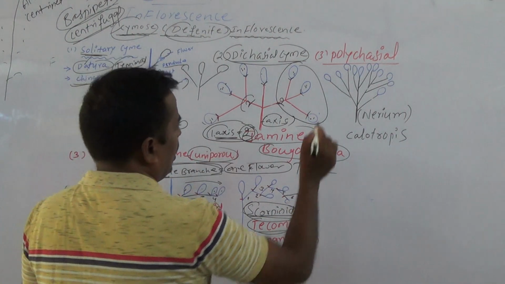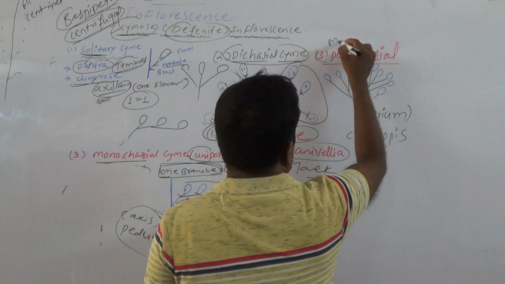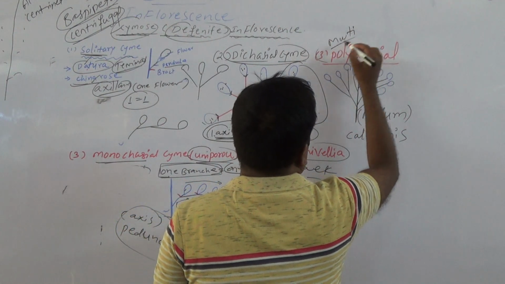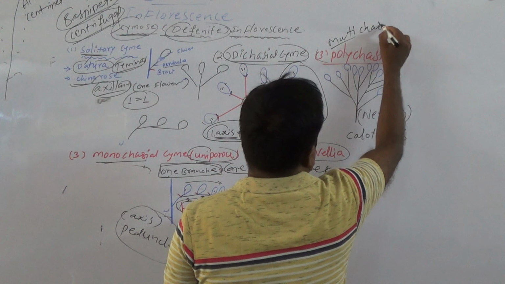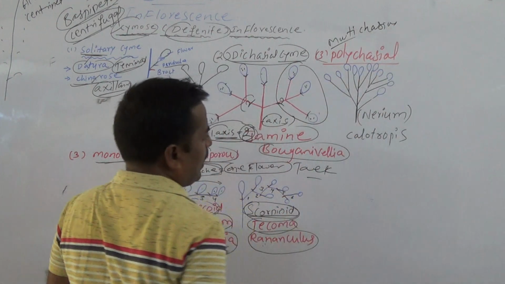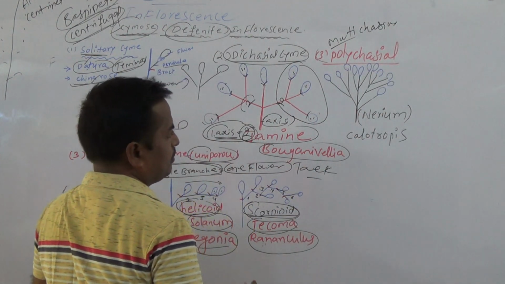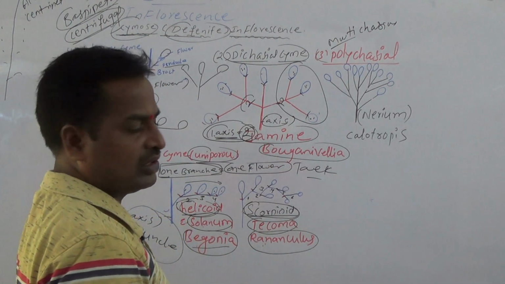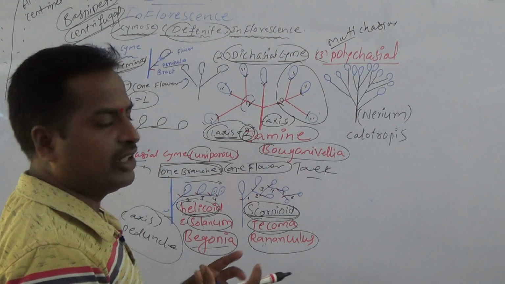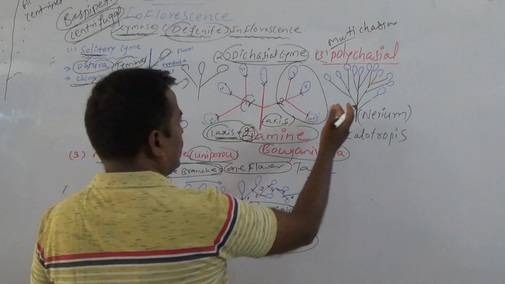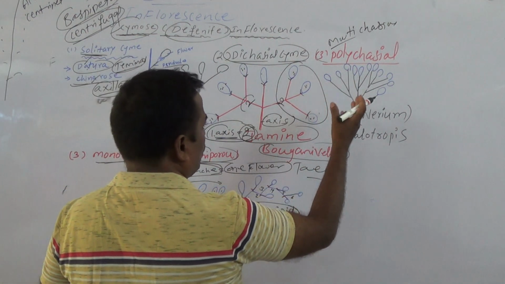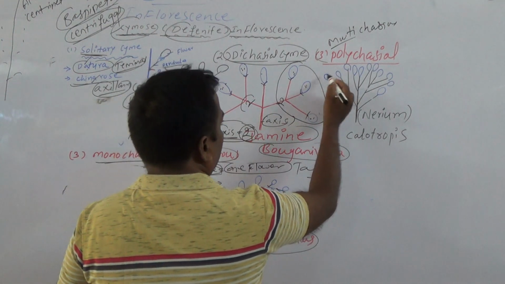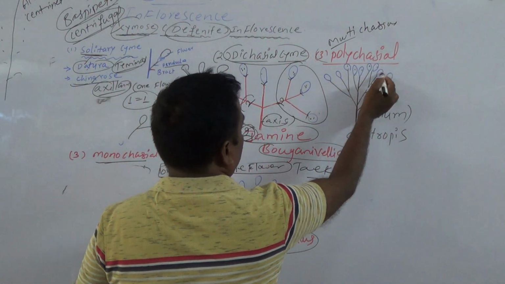The last one is polychasial, nothing but multichasial. So look here, image of the polychasial cyme. So every time more than one branch, and all branches are terminated with flowers. Every time it can produce more than one branch and then end with flowers.